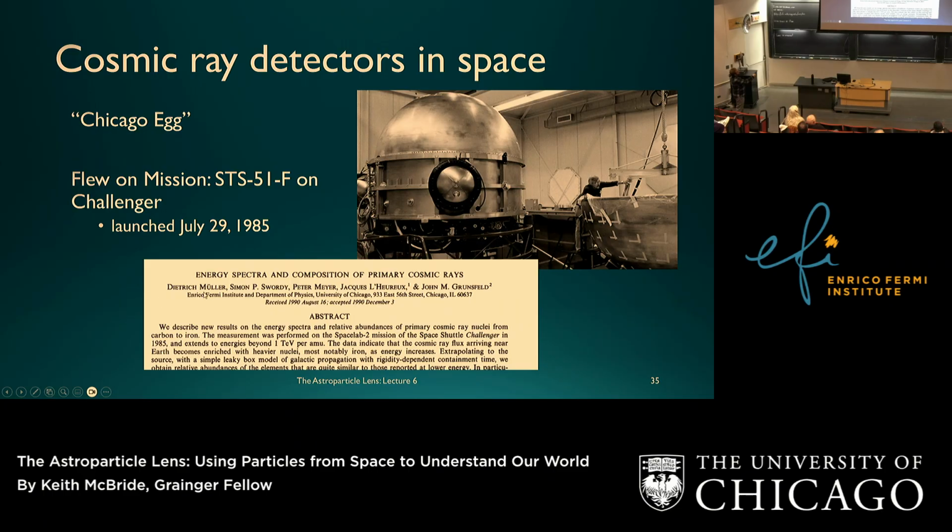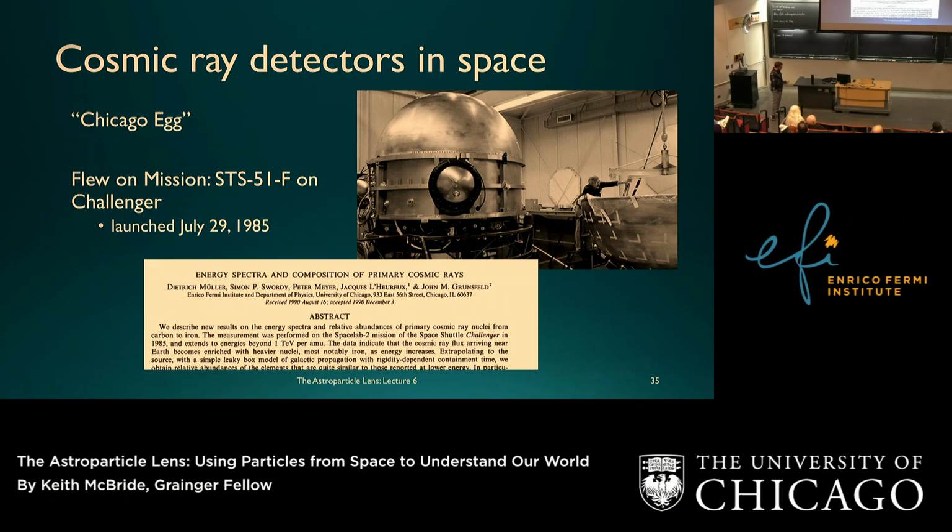Many different wonderful scientists were involved, like Simon Swordy, Dietrich Muller, Peter Meyer, and even this name, Grunsfeld, which you might have heard of. He turned out to be an astronaut, right? It just so happened he went on to be an astronaut. But he was a main designer for this Chicago egg experiment. And then he later became an astronaut and actually did a few of the Hubble Space Telescope fixes as well.